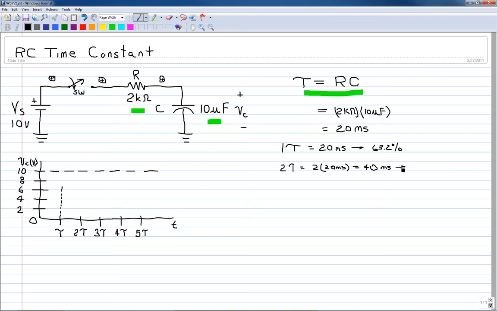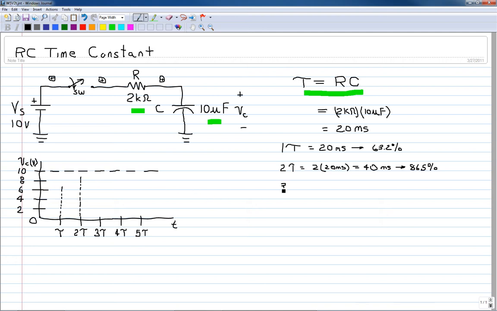And the capacitor will now have charged to a value of 86.5% of the total applied voltage. So in 2 tau, we charge up to a value of 86.5%.